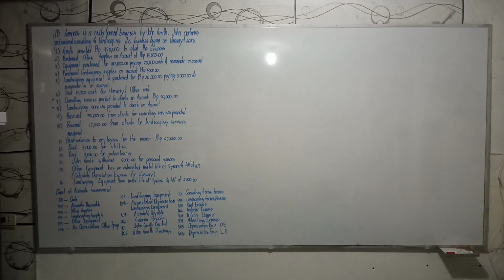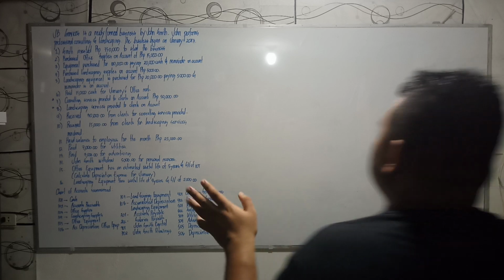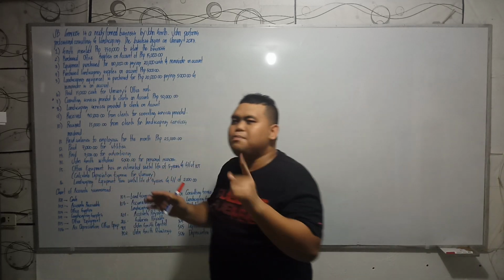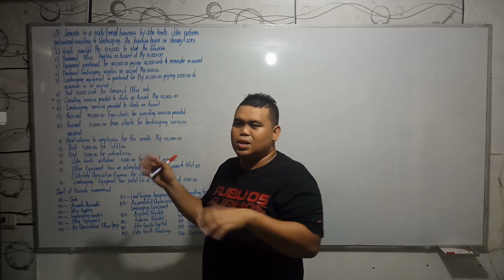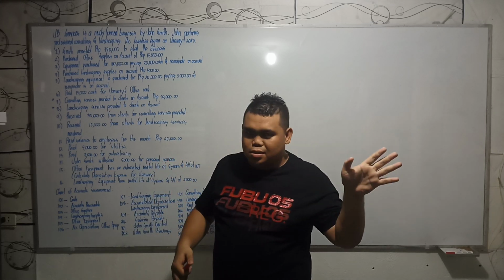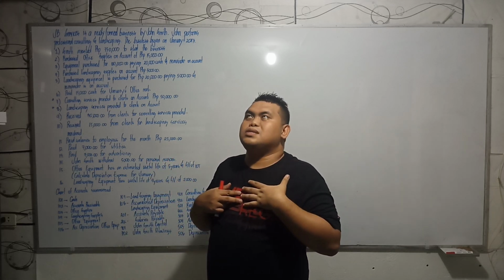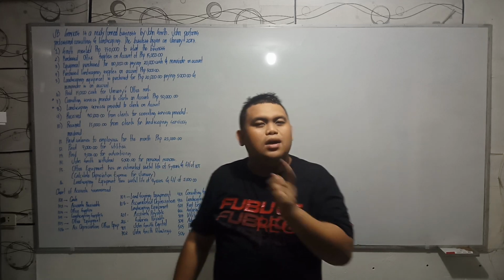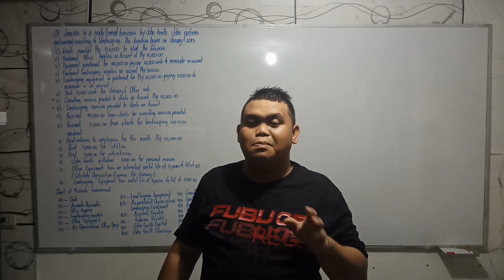This is the John Smith Company, which will be the topic for today's episode. Because we are still on step 2 of the accounting cycle, on the next steps 3 up to 10, we are going to use that BBG company.